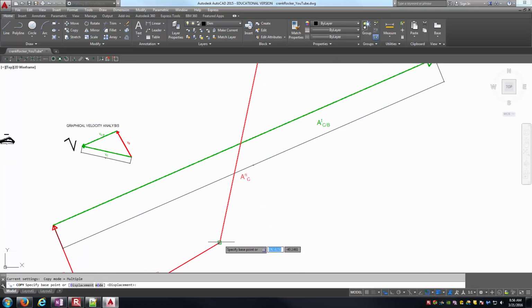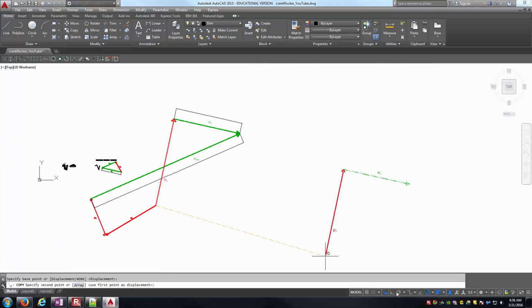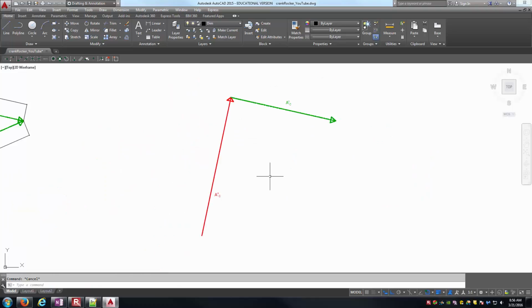And so I'll just copy those off here. Just go ortho so they're directly in line. And so now I'm really looking at the hypotenuse formed by this right triangle here. And so just like so, that would be the magnitude.